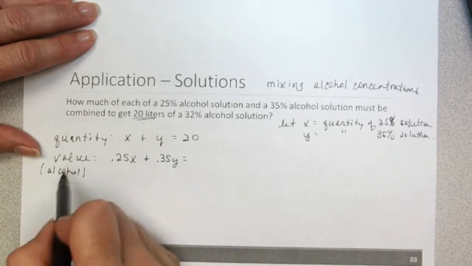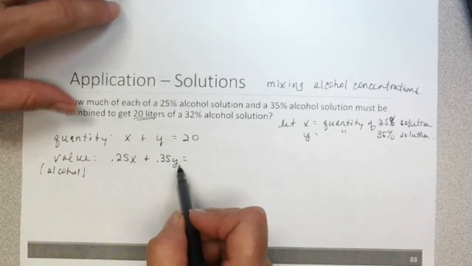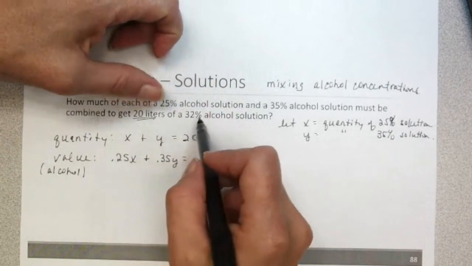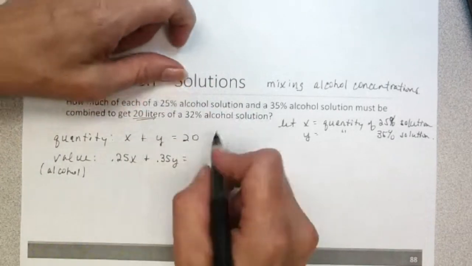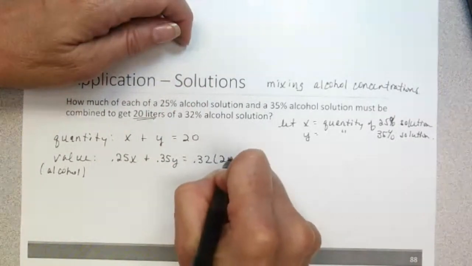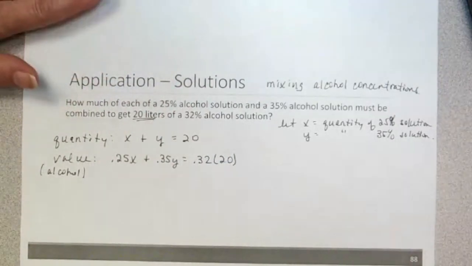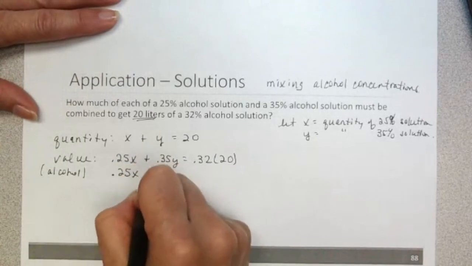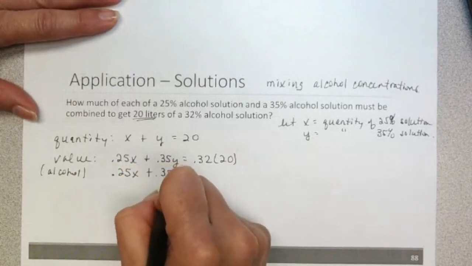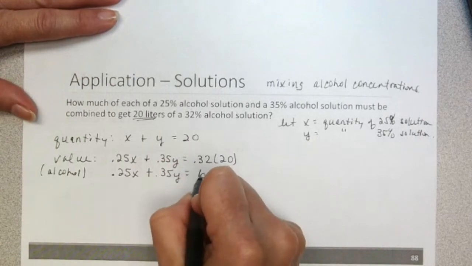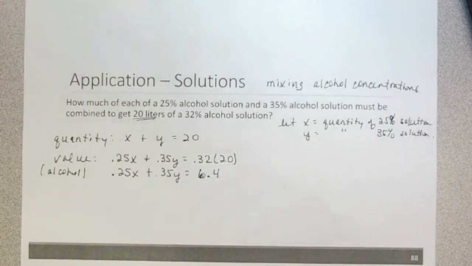Is equal to 20? No, we're talking about alcohol concentration. So the alcohol I want is 20 liters of a 32% alcohol solution, so it's going to be 0.32 times 20. All right, we can simplify that a little bit. So 0.25x plus 0.35y is going to be equal to 6.4. 0.32 times 20. There we go.